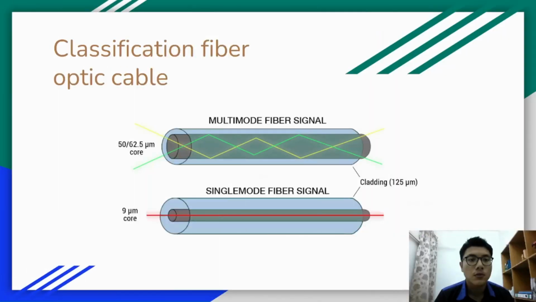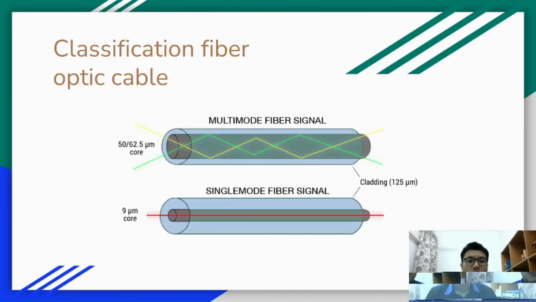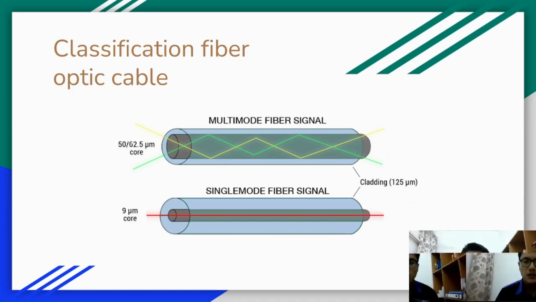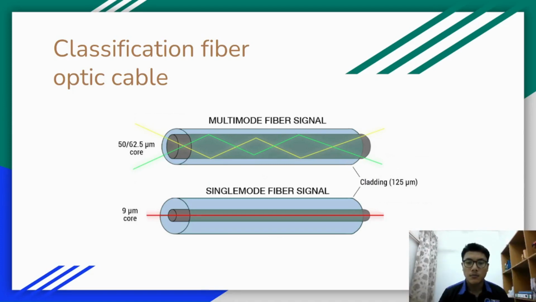Right now we go to the classification of fiber optic cable. As we can see, there are two types of cable, and the difference is between the multi-mode and the single mode. For the multi-mode, the core is a bit wider than the single mode, which, as we can see, is 50 or 62.5 micrometers for the width of the core.